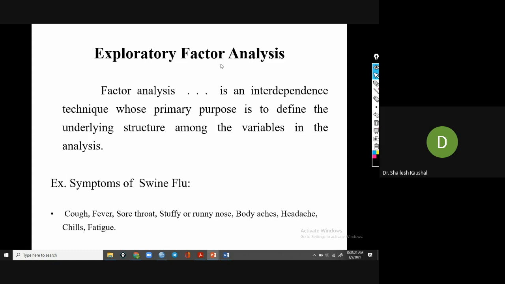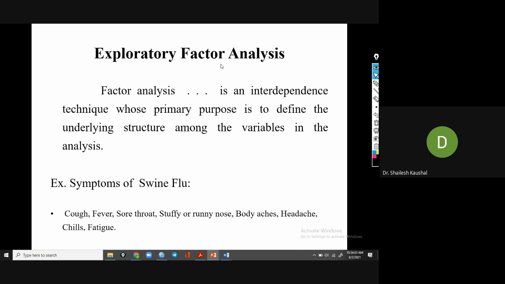So for measuring any construct we need 4 or 5 questions, because the underlying structure means latent, or unobserved, phenomena, which cannot be determined by just 1 or 2 questions. Like the example of swine flu. What are the symptoms of swine flu? Cough. No doctor can identify whether I have swine flu unless I tell the symptoms, like cough, fever, sore throat, stuffy or runny nose, body ache, headache, chill, fatigue.